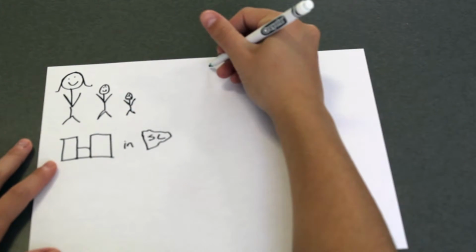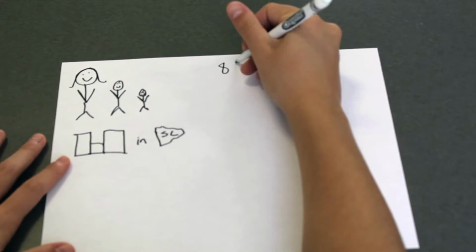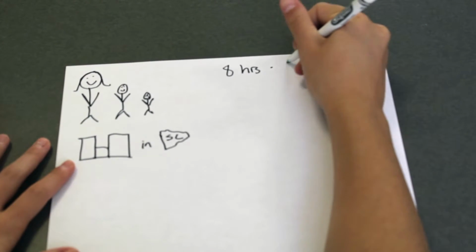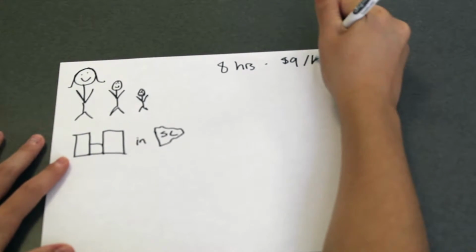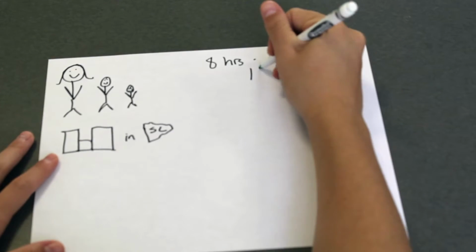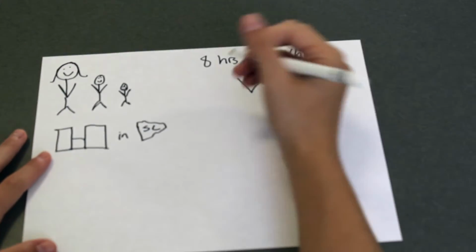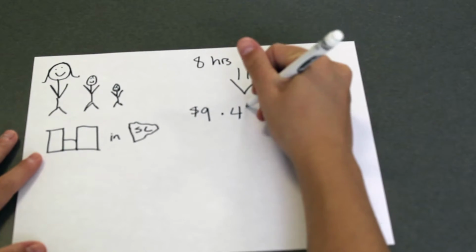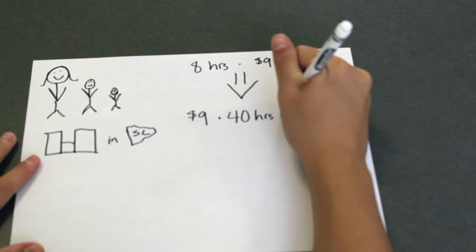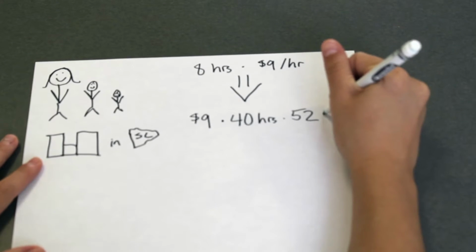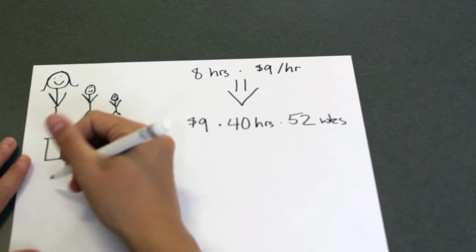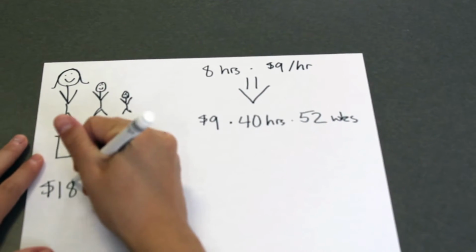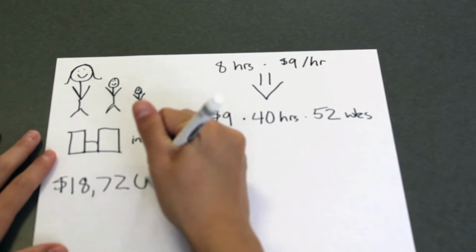Every day, the mother works for 8 hours and earns $9 per hour. Let's do a little math here. With $9 per hour, she will earn $18,722 per year, assuming that she doesn't take any sick days.